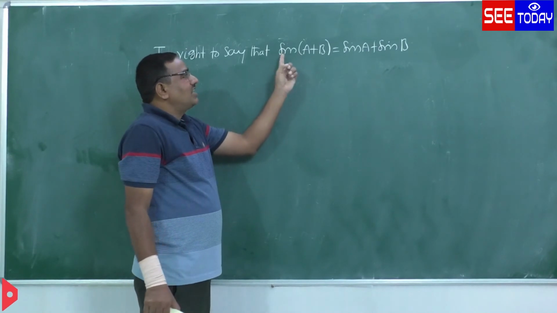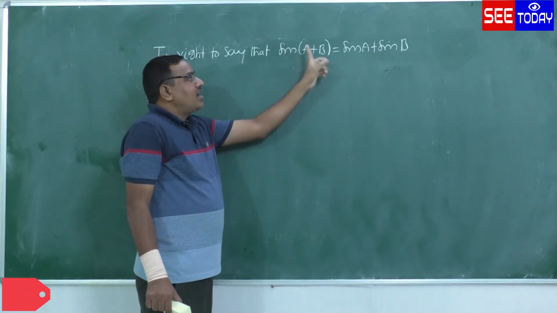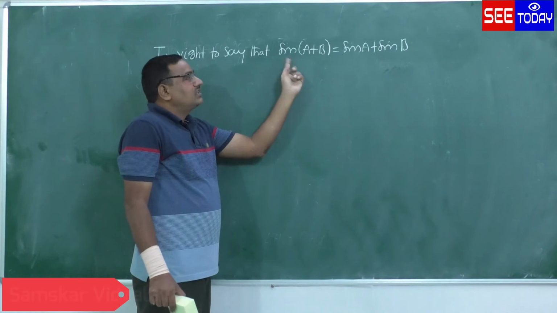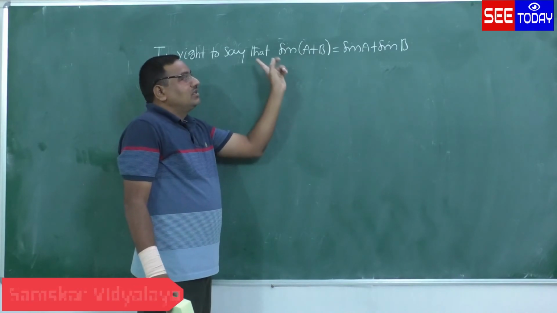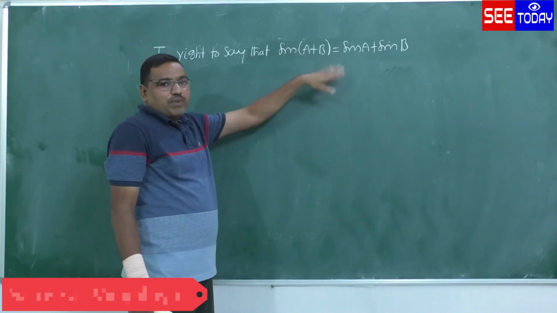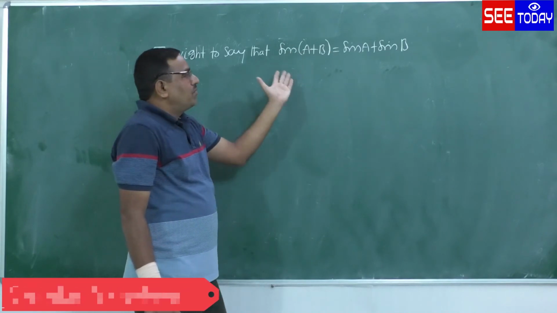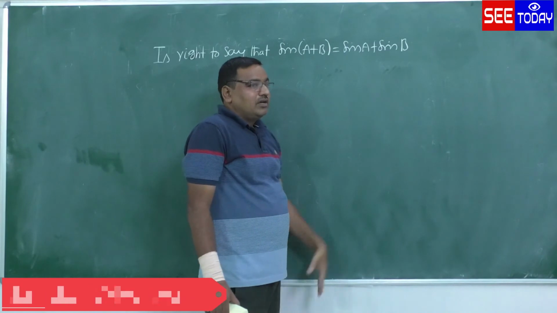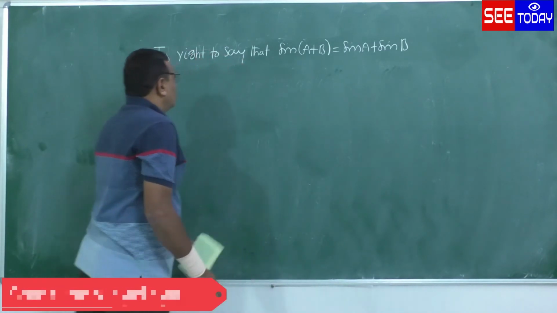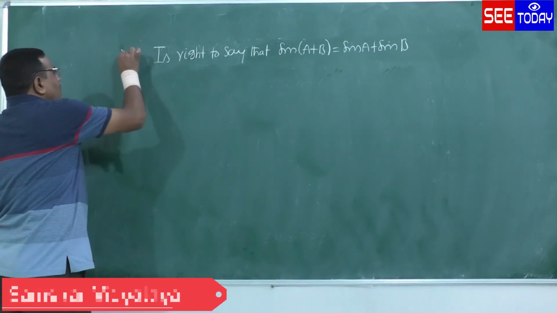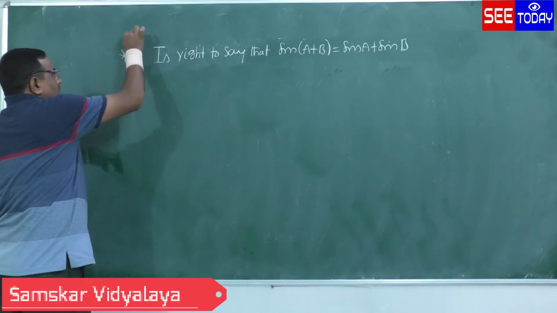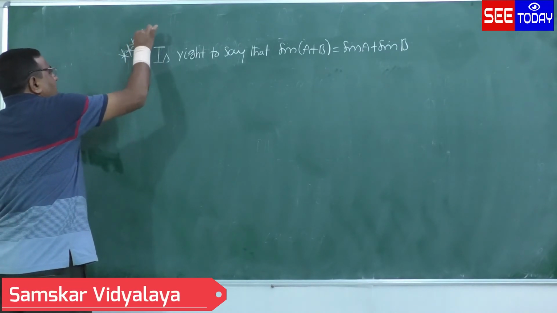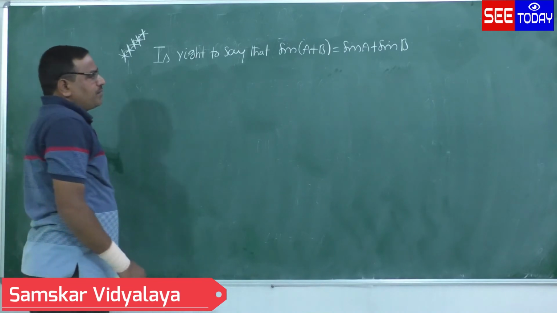Which formula is this? Already he has given clearly. Sin of A plus B. We know that sin of A plus B is equal to sin A cos B plus cos A sin B. But he has given sin of A plus B is equal to sin A plus sin B. Justify your answer. Most important for objective or 1 mark question. Maximum it is given in this way.